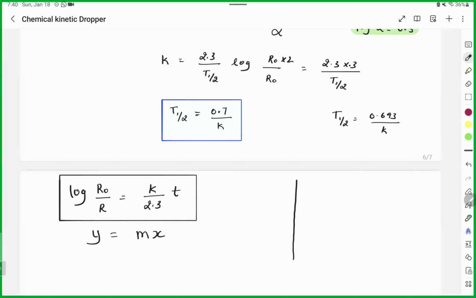So if you take log R naught by R and time relationship, can we say you will have a straight line graph starting from zero? Why? Because you don't have any y-intercept in this situation. Barinder, what will be the slope value in this case?